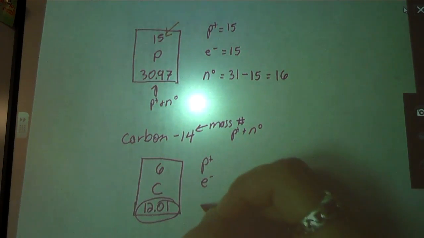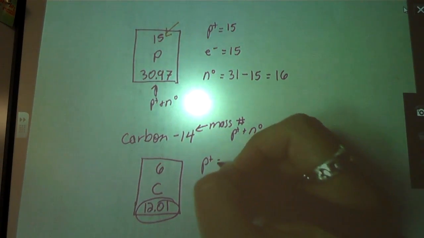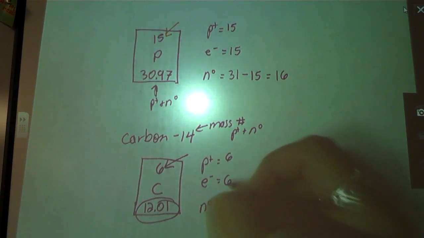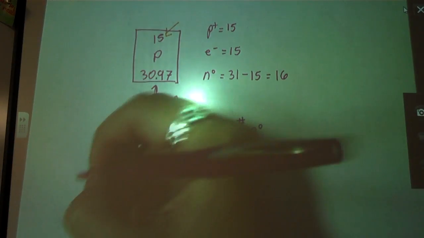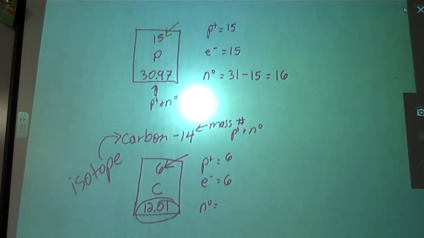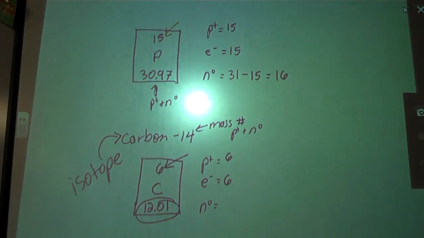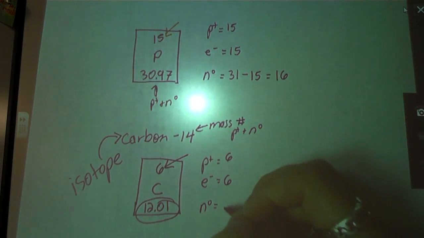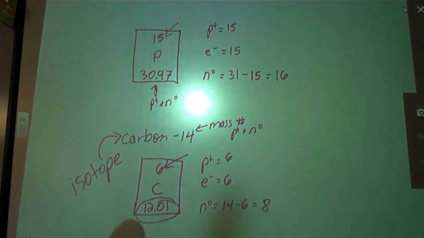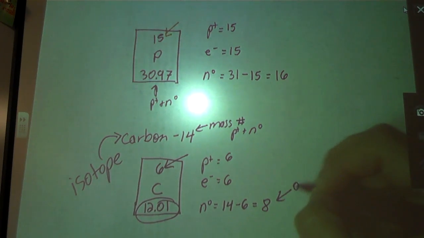But my protons and electrons will still be calculated the same way, off of my atomic number there. An isotope, like this guy, only changes your neutrons. That's it. So 14 minus 6 gives us 8 neutrons, where a regular carbon atom would only have 6. So for an isotope, only neutrons change.